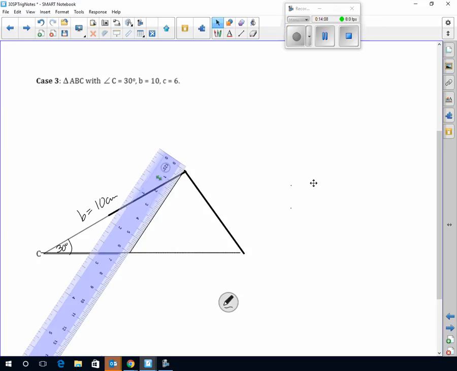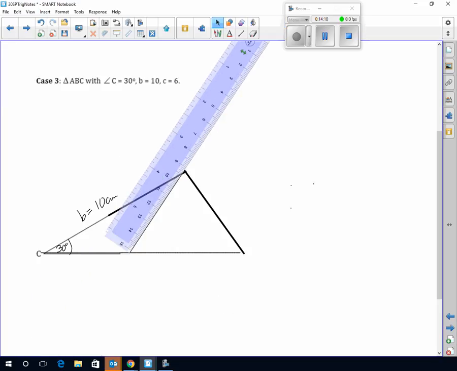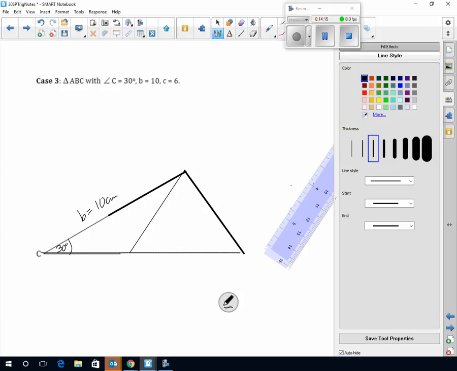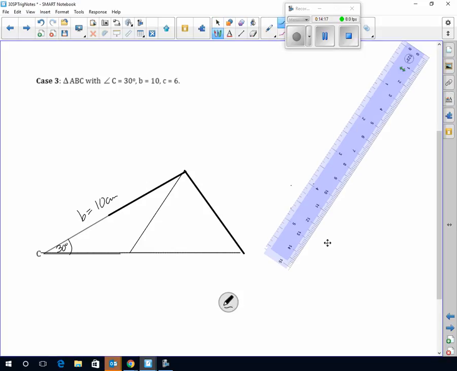So does everybody see how many triangles are possible here? 2 triangles possible. My little c is 6 centimeters here, or we'll call it C1 or C2. My second C is 6 centimeters over here.